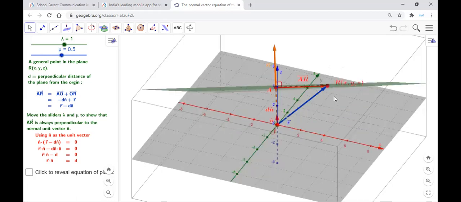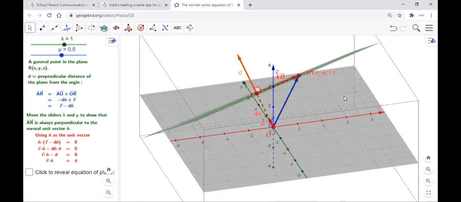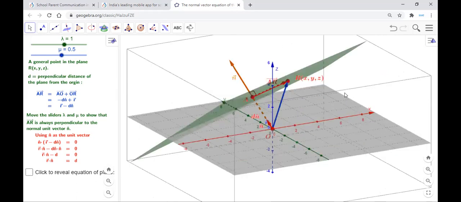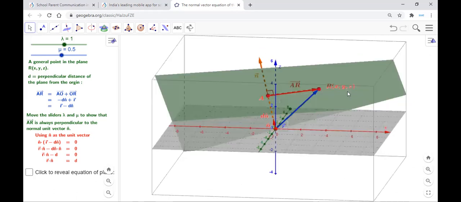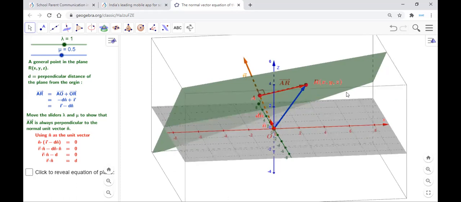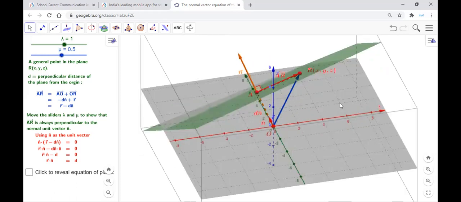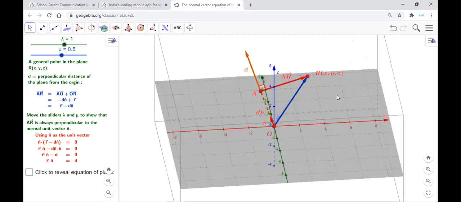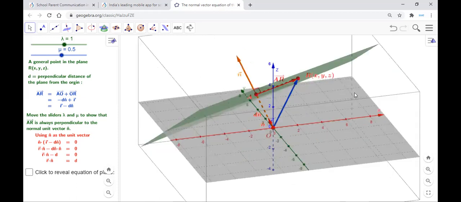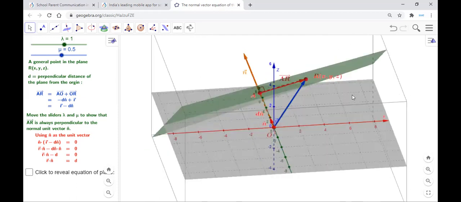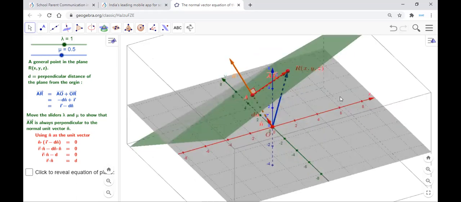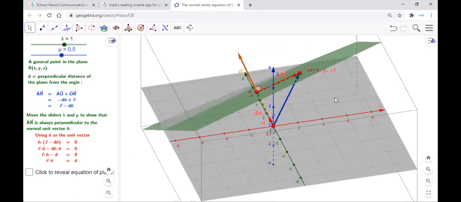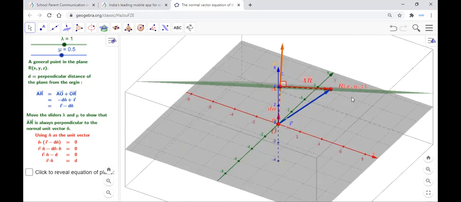And one more thing I want to show you, just observe the normal to the plane. In whichever direction I rotate the figure, n vector, I mean the normal to the plane, is always perpendicular to the plane. Are you able to observe? So n vector is always perpendicular to the plane.